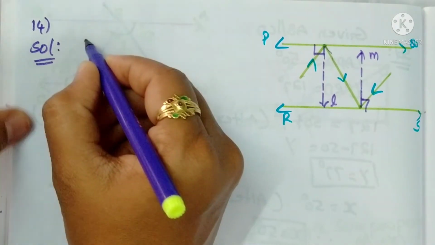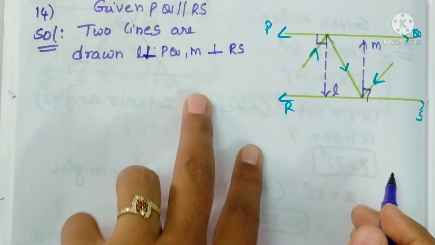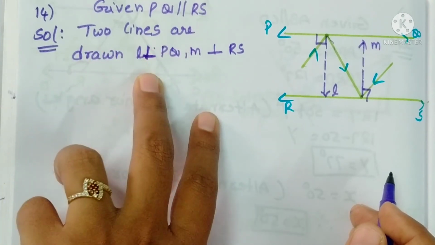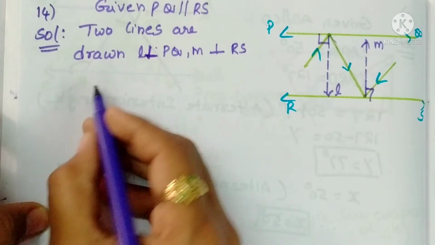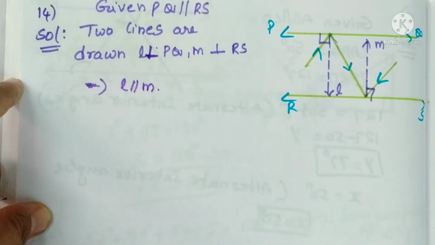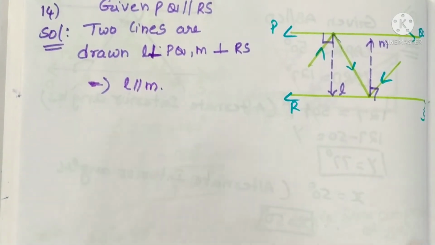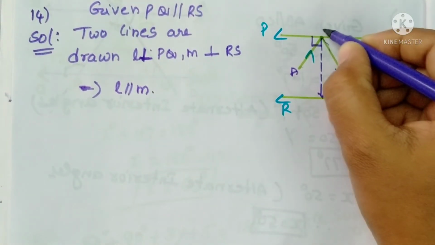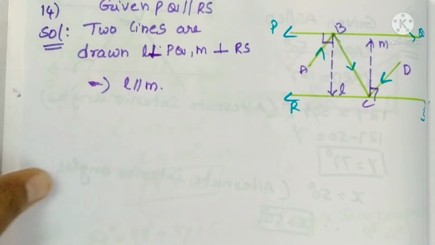First we wrote given PQ parallel to RS and two lines are drawn, L perpendicular to PQ and M perpendicular to RS. So that implies we can say L parallel to M. Right. Now we want to prove that AB is parallel to CD.